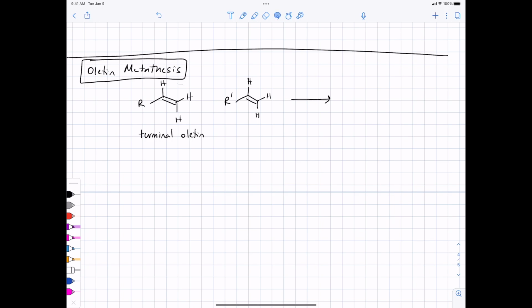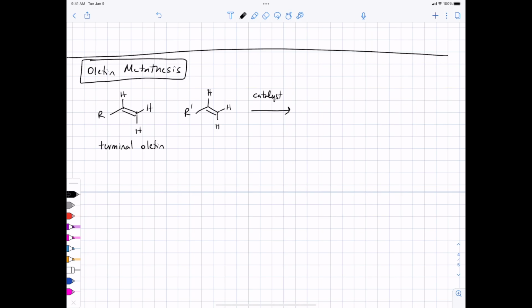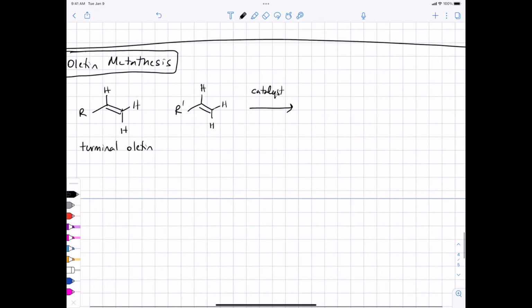Metathesis is going to involve a catalyst. The two terminal carbons are going to end up attached to each other to give you ethylene.